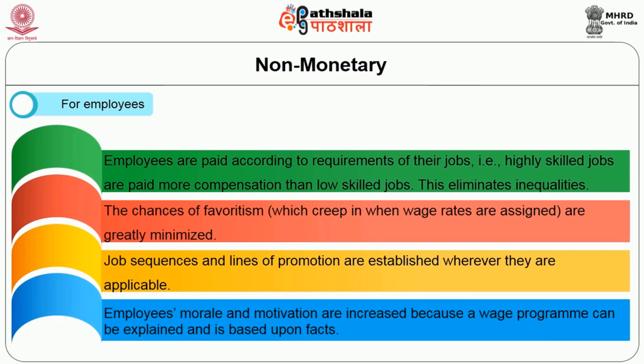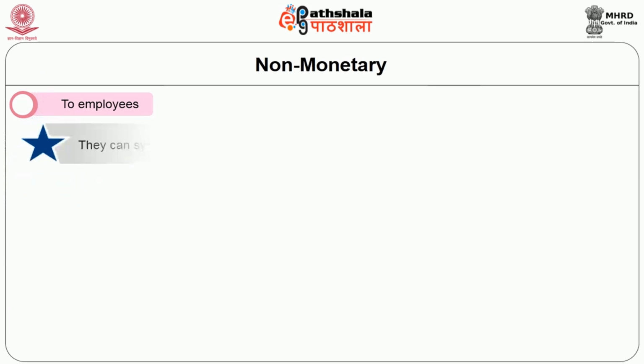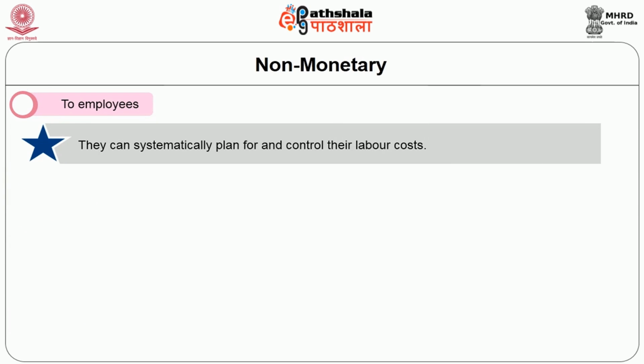Also, employee morale and motivation is increased because a wage program can be explained and is based upon certain factors. This is also beneficial to employers. They can systematically plan and control their labor cost, which will automatically affect the other costs of the establishment.